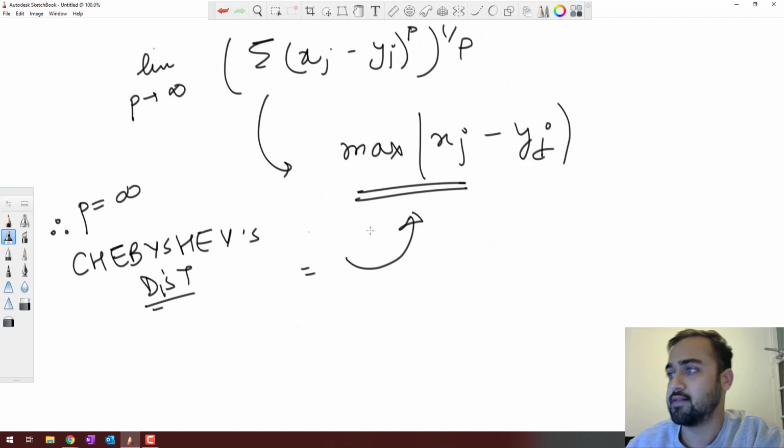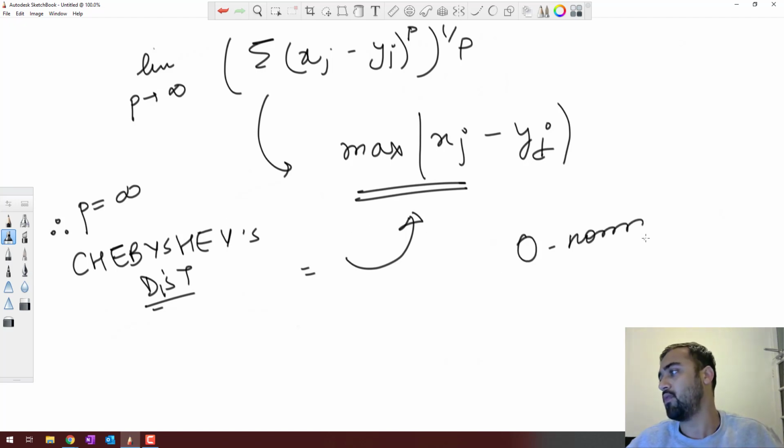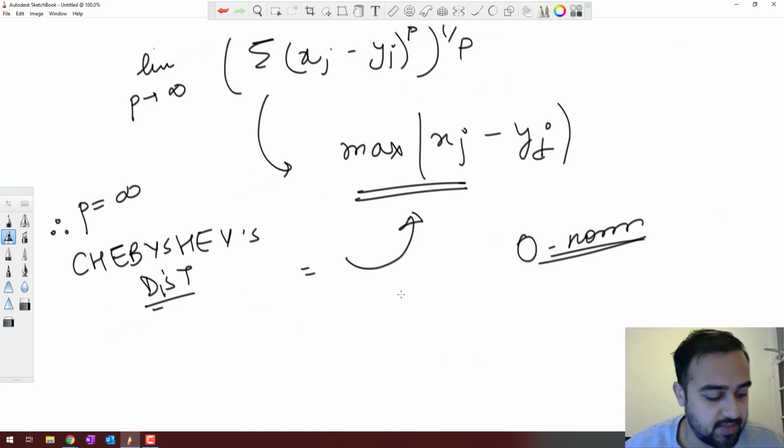Then another common term that you might hear is zero norm. Zero norm basically counts the number of non-zero elements in a vector. The corresponding distance counts the number of positions in which x and y differ. That is it.